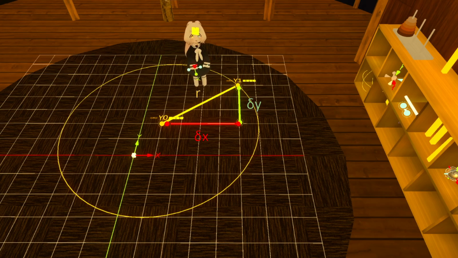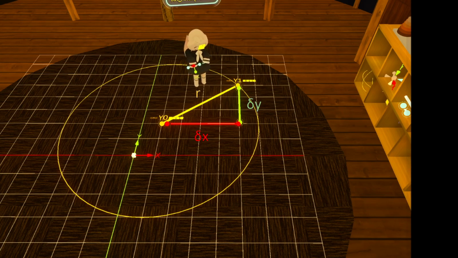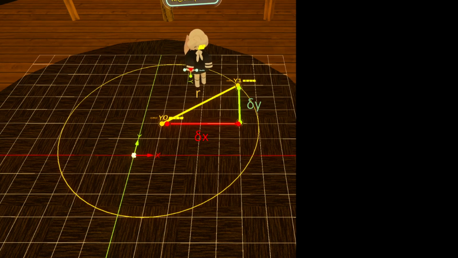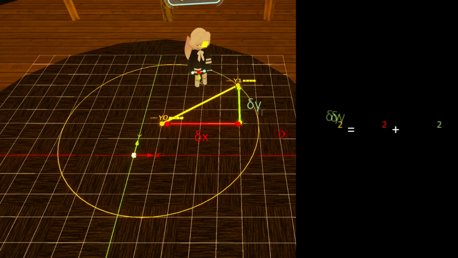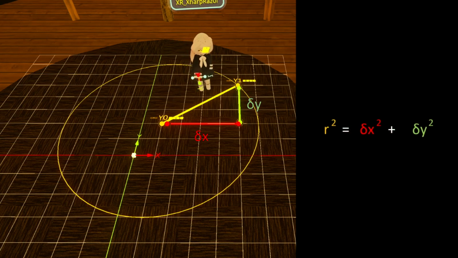When you look at right triangles, the first thing that should come to your mind is the Pythagoras theorem. In this specific case, red square plus green square is yellow square. In other words, r squared, or radius squared, is delta x squared plus delta y squared.